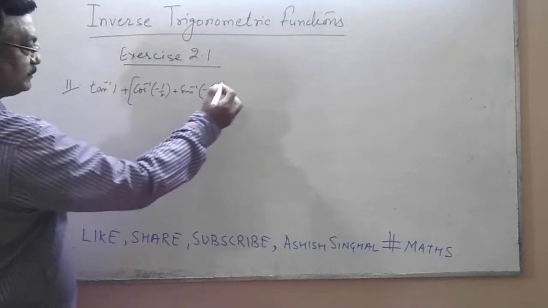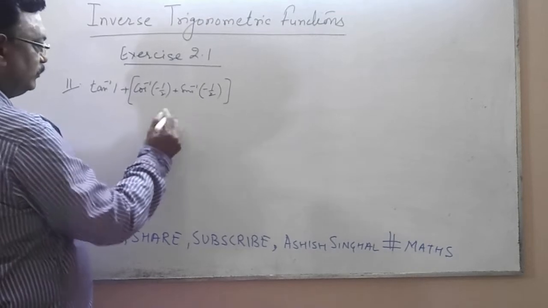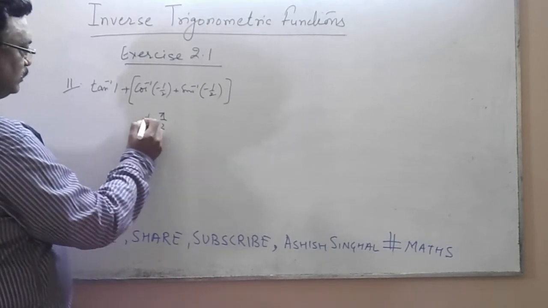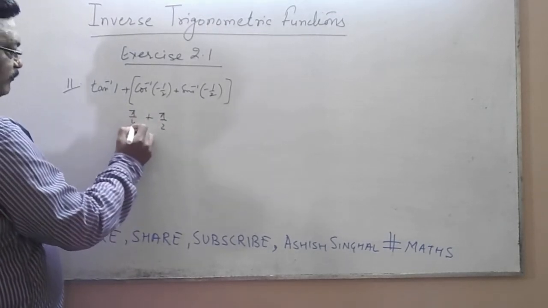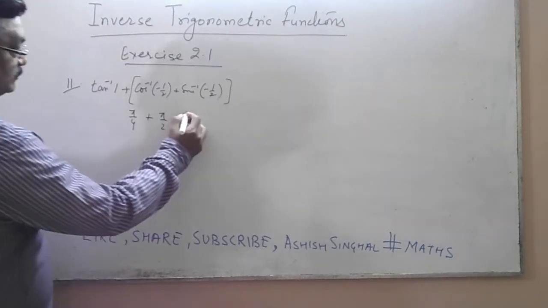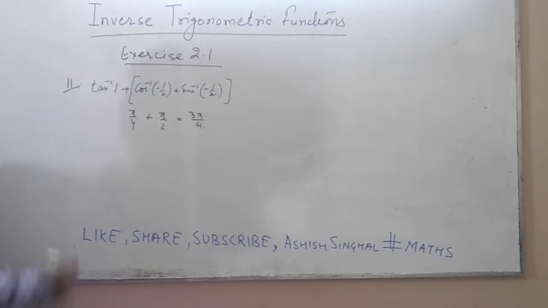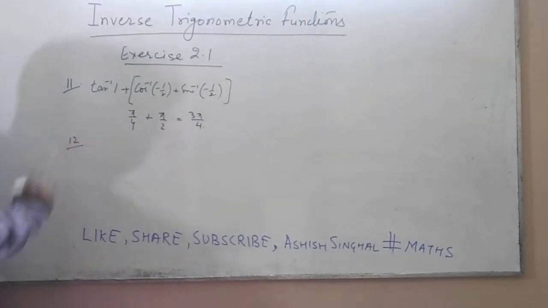If you see this, cos inverse x plus sin inverse x is pi by 2. So this is pi by 2. And tan inverse 1 is pi by 4. So pi by 2 plus pi by 4 gives us 3 pi by 4. That's the answer. Question number 12.